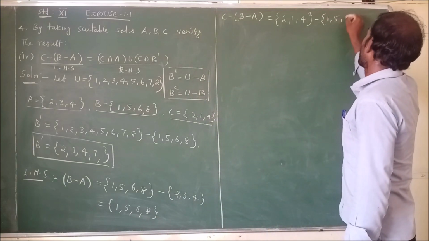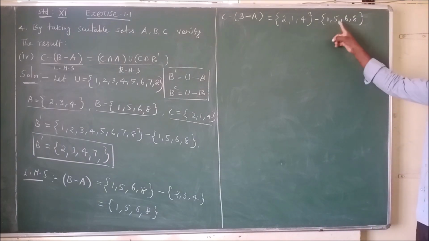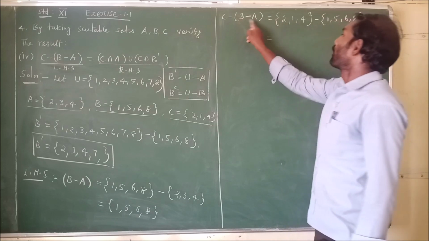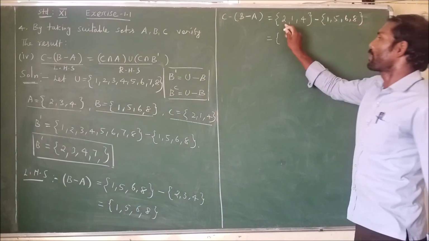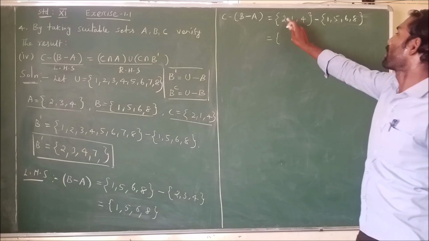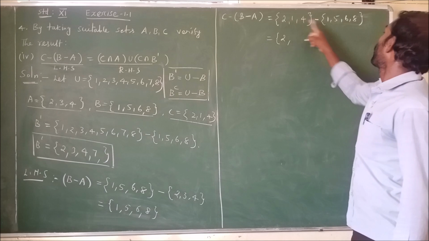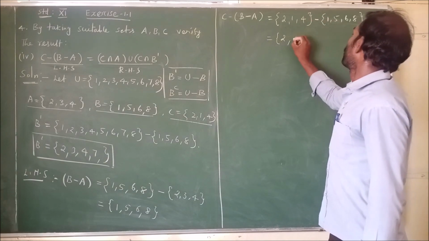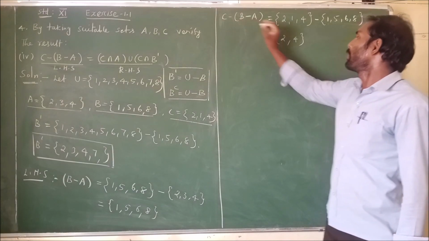C minus (B minus A) is the elements that appear in C but not in (B minus A). 2 does not appear in B, so it stays. 1 appears, so it is subtracted. The remaining is 4. So 2, 4 are the only elements of C minus (B minus A).